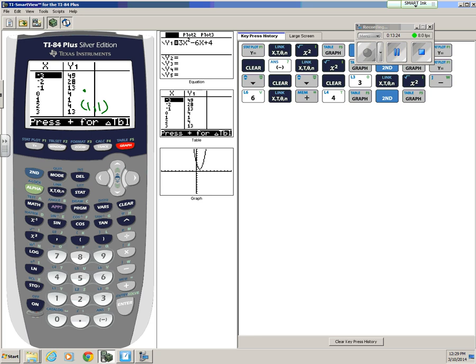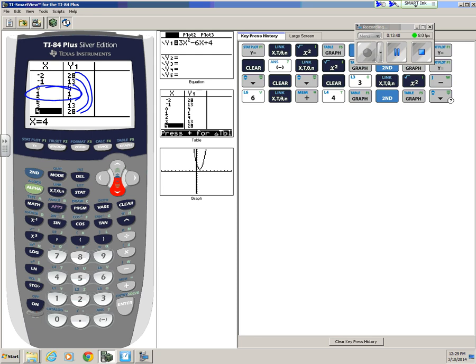What I'm going to try to do is find a pattern in the y's. If I go down a little bit, I should be able to see this pattern. So right now I've got a pattern in the y's: 28 to 28, 13 to 13, 4 to 4. Hey, we were right. That's our vertex.